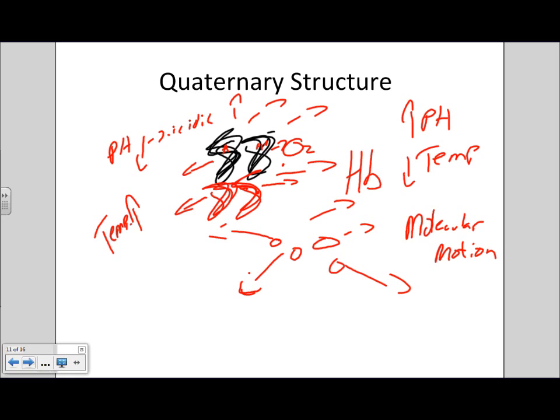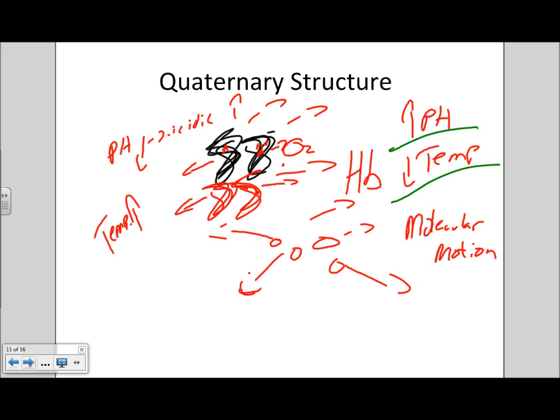The molecules are going to huddle together, and as a result, if we're talking about a molecule like hemoglobin coiling tighter around oxygen, it's going to be a lot harder to deliver and release oxygen to your body tissues. So that's why it's very critical on a daily basis that we maintain a normal pH and a normal body temperature, so we can keep these proteins in check.